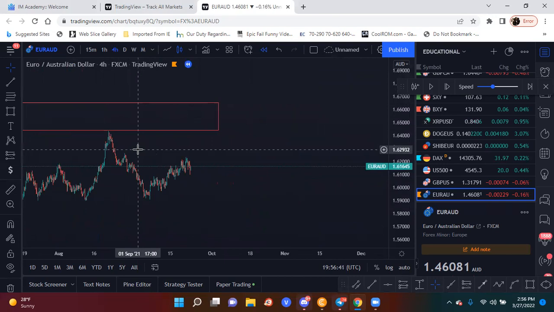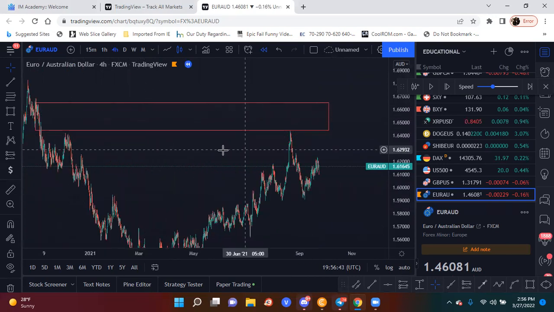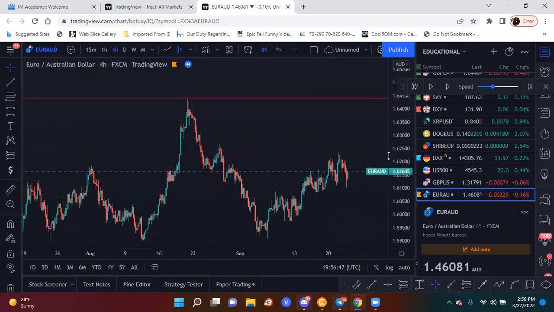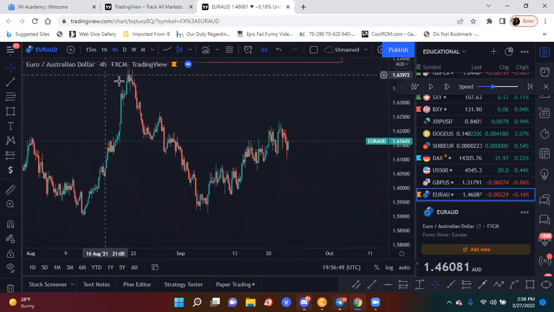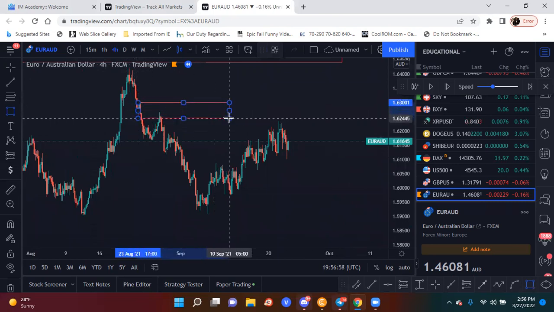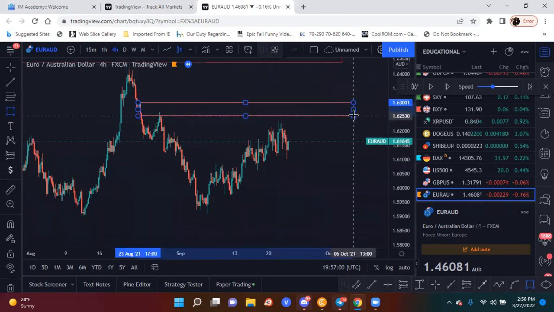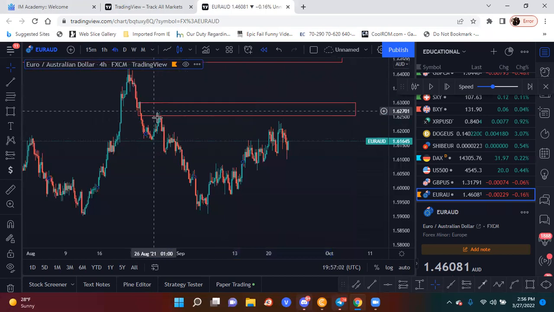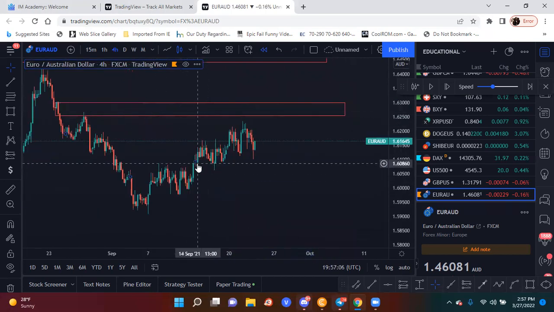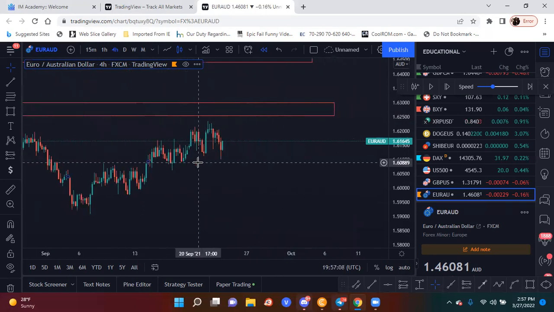So now that we know there's a major supply zone, then we have the drop and then the pullback to this zone, probably on a lower time frame, or probably here where it tapped into this zone and it dropped. So that's what we have so far.